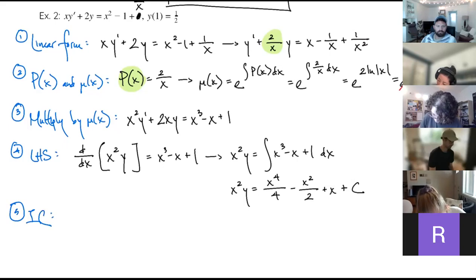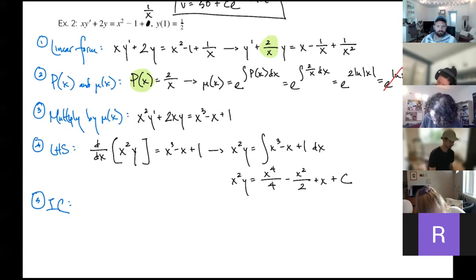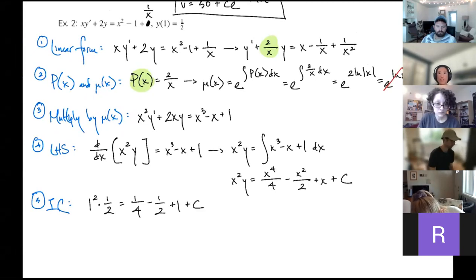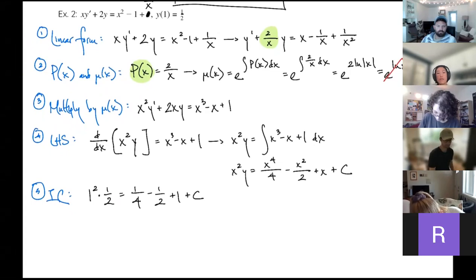If we plug in those initial conditions, we're going to get 1 everywhere we see an x, a 1/2 everywhere we see a y: 1 over 4 minus 1 over 2 plus 1 plus c. Then we should get to a point where the only thing we don't have is that constant.